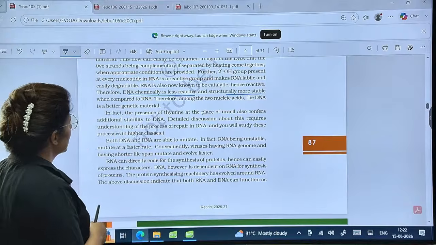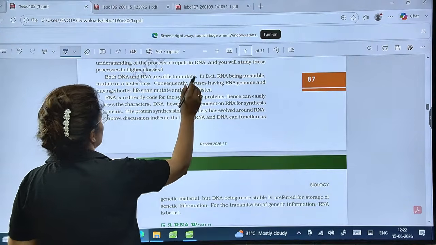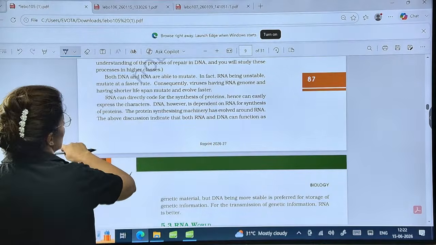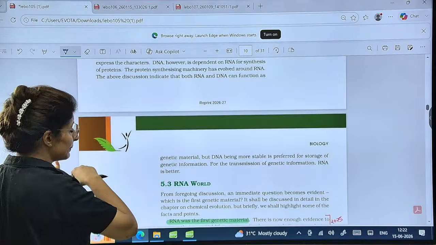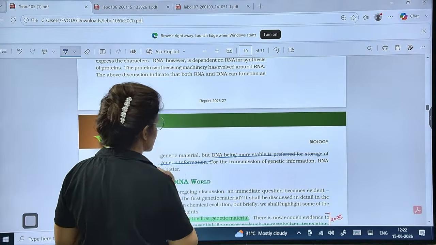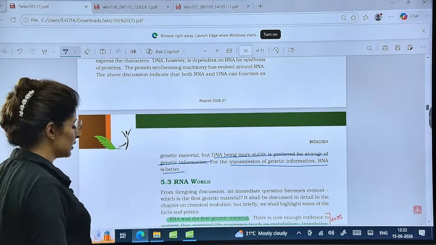Both DNA and RNA are able to mutate. In fact, RNA is a little more unstable and mutates at a faster rate. DNA, being more stable, is preferred for the storage and transmission of genetic information. RNA is better for direct protein synthesis.